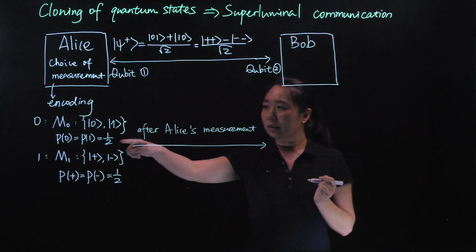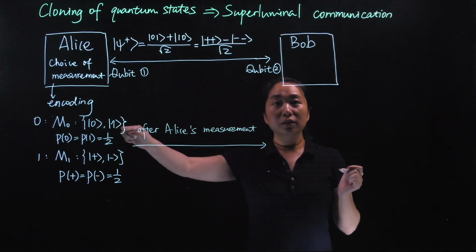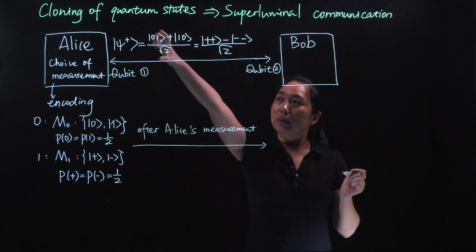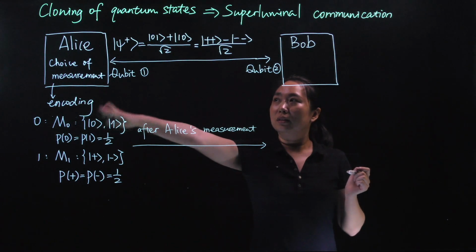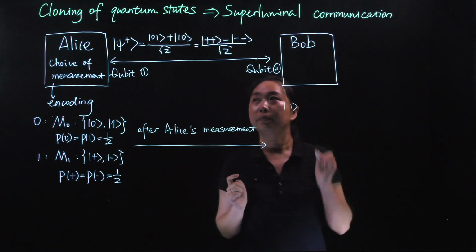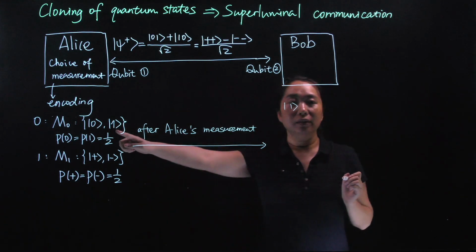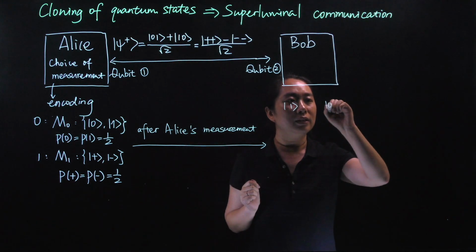In the first case, if she measured in the computational basis, then if Alice's state is in 0, Bob's state will be in the state 1. If Alice's state is in state 1, Bob's state would then be in the state 0.